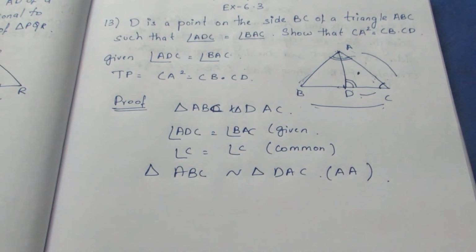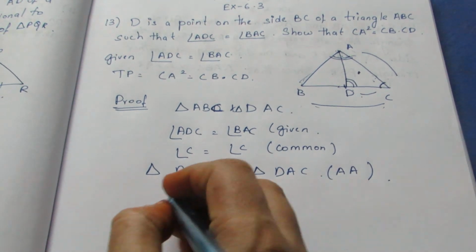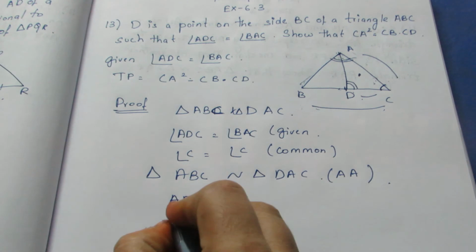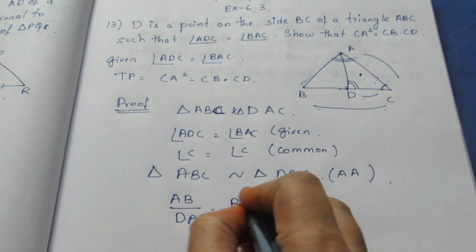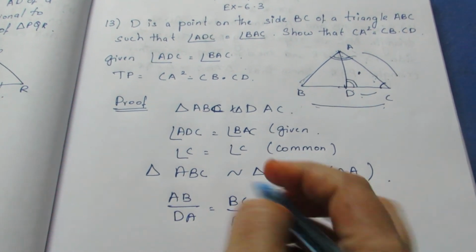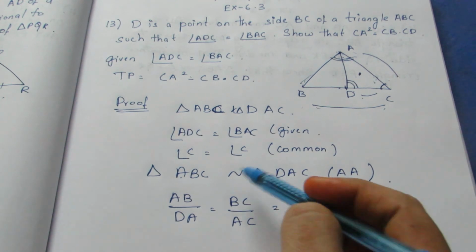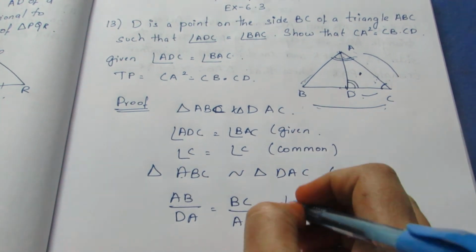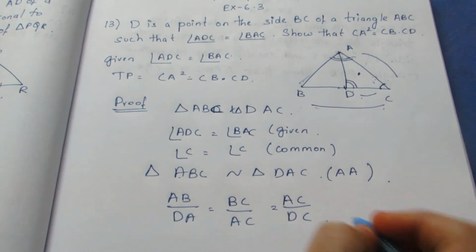Now we can write the sides in ratio, that is AB by DA is equal to BC by AC is equal to CA by CD. First two by first two is equal to last two by last two, is equal to first and last by first and last.